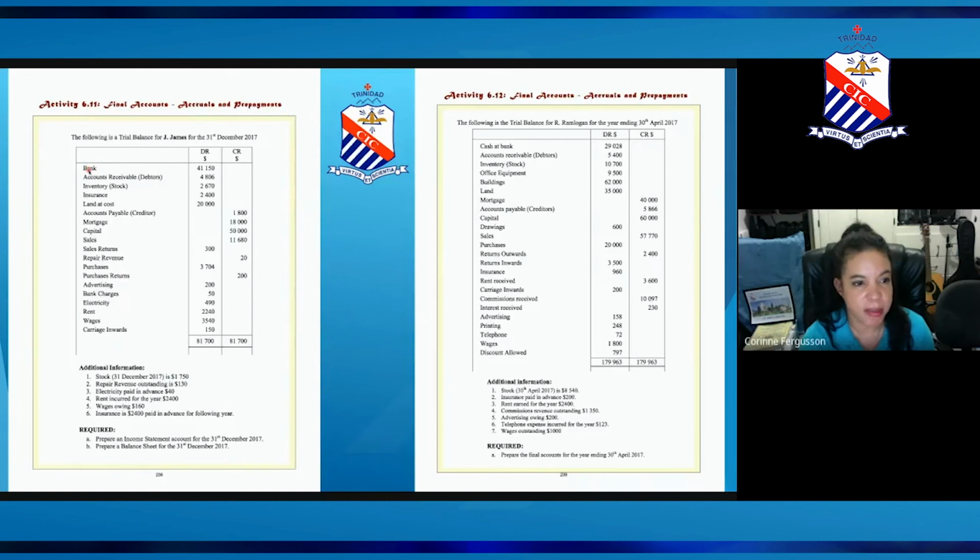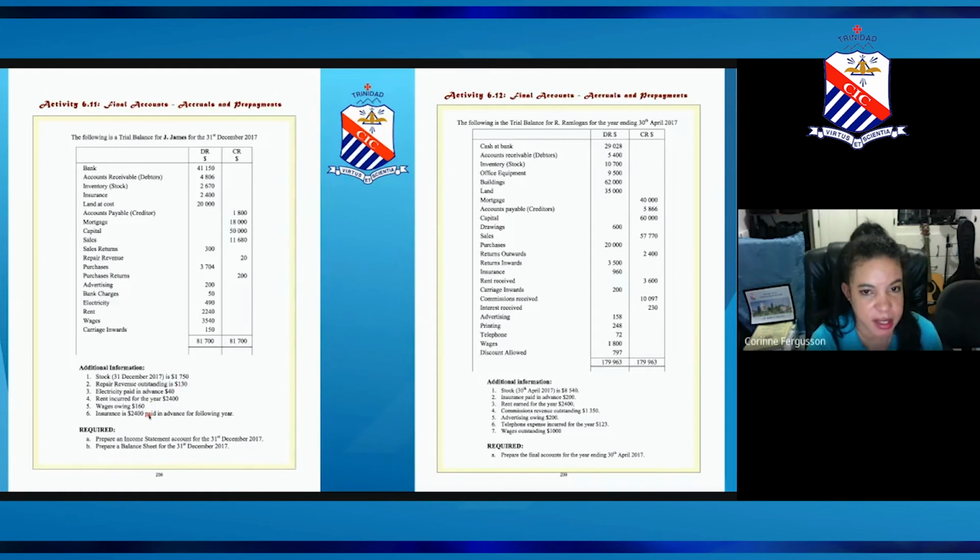Let me give you an example. Insurance is an expense. So you have insurance as an expense. You will go down to your notes, look for insurance. Is there anything with insurance? You're seeing here, insurance in advance. Paid in advance means it's a prepayment. So what you're going to do, insurance, what is in the income statement, the trial balance, 2,400.